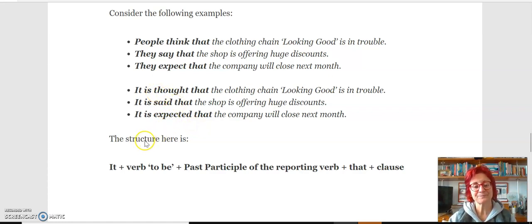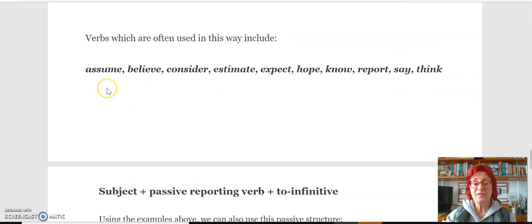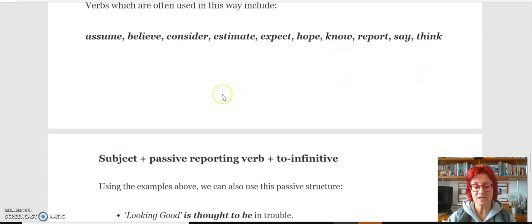Okay? And the structure is this. You will see that in your presentation. The most common verbs used in this way are verbs expressing opinions or thoughts, like this here, right?